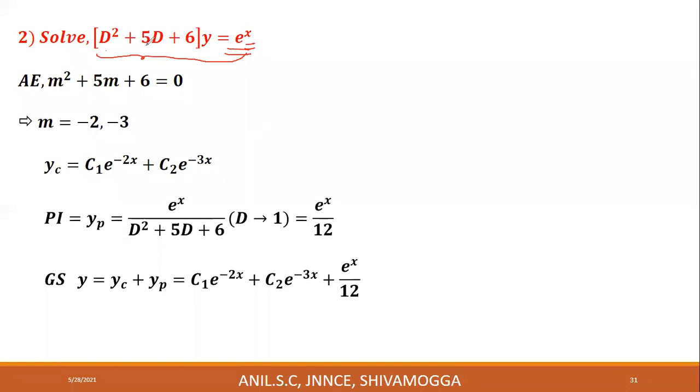The auxiliary equation is m square plus 5m plus 6 is equal to 0. This is a simple quadratic equation. Everyone can solve this. m is equal to minus 2 and minus 3 are the two roots.